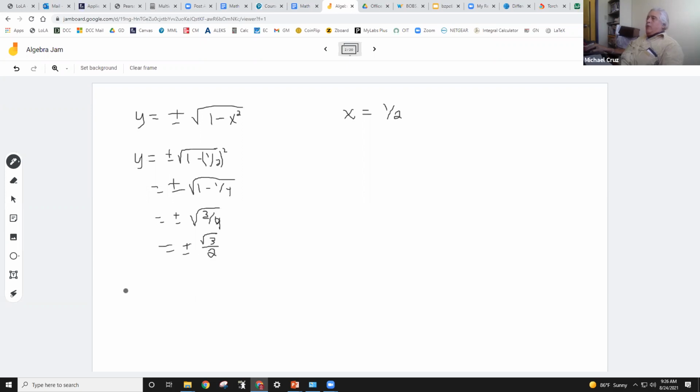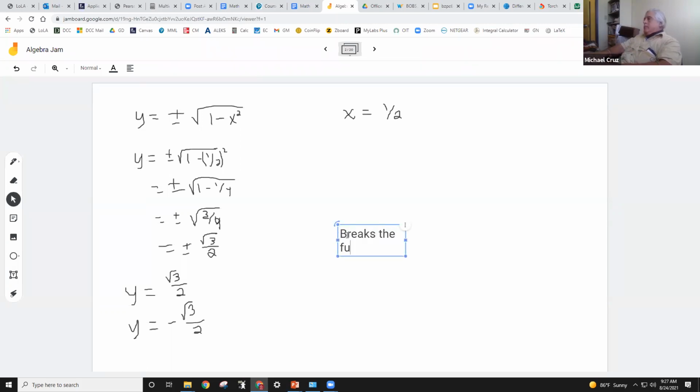All right, so that means that y is going to have two values. See, for every x, you've got two different y's now, and they're not the same. So this one breaks the function rule.